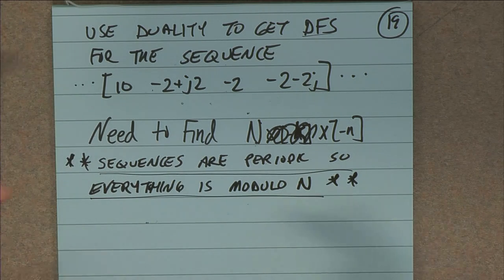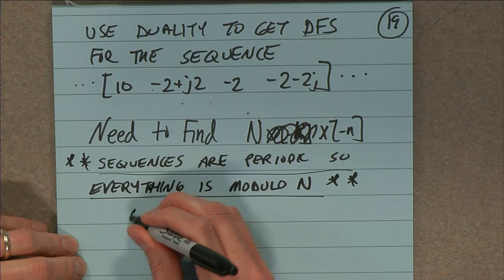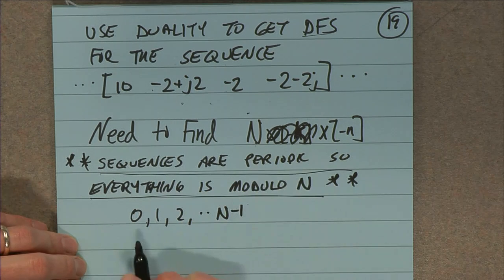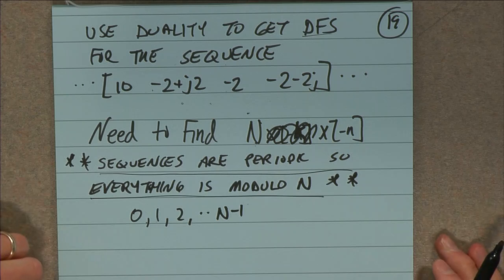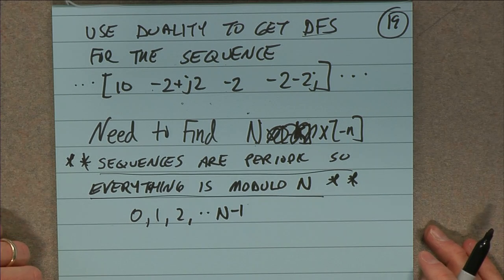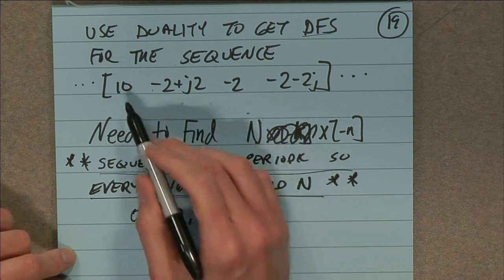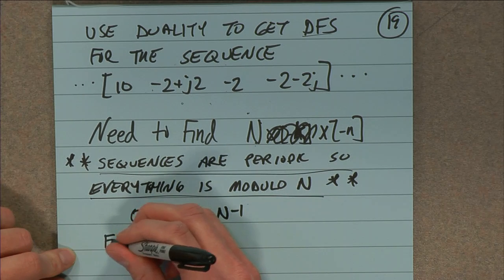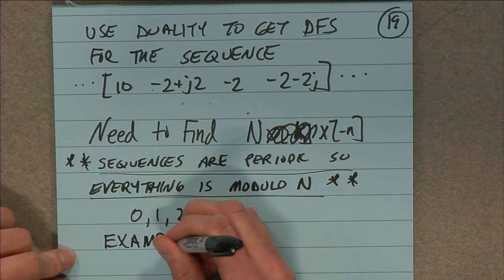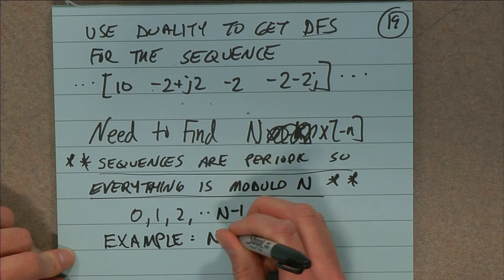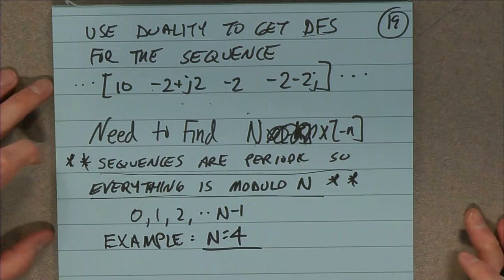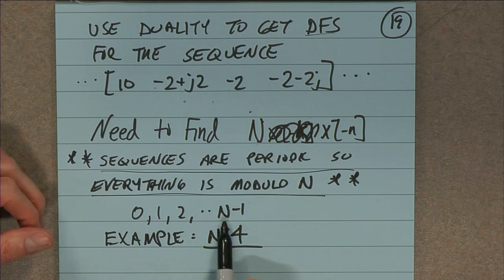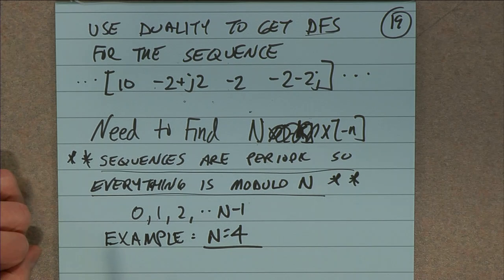That means the entire universe of everything we deal with must be mapped between 0 and N minus 1. And in our example, 1, 2, 3, 4. So for our example, N equals 4. So everything has to be mapped between 0 and 3, right? 0, 1, 2, 3, since N is 4.